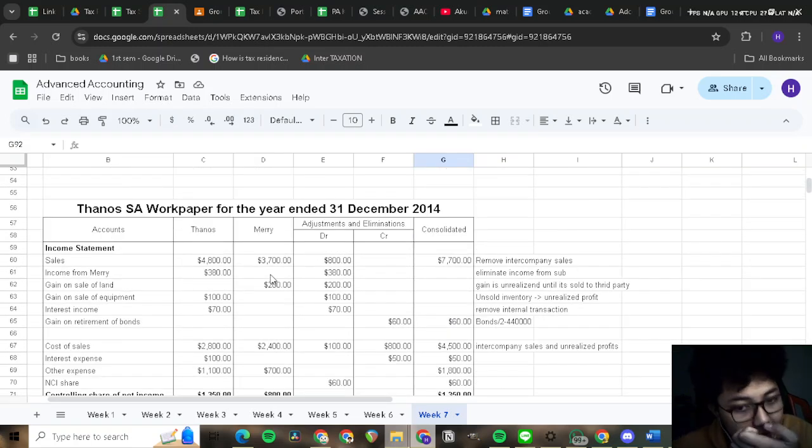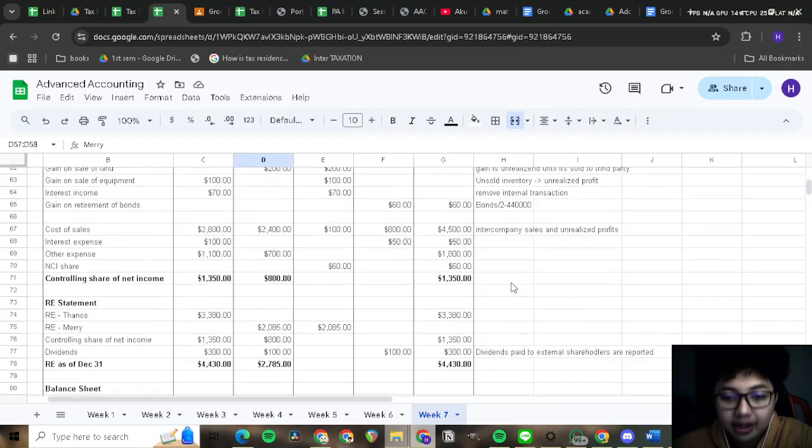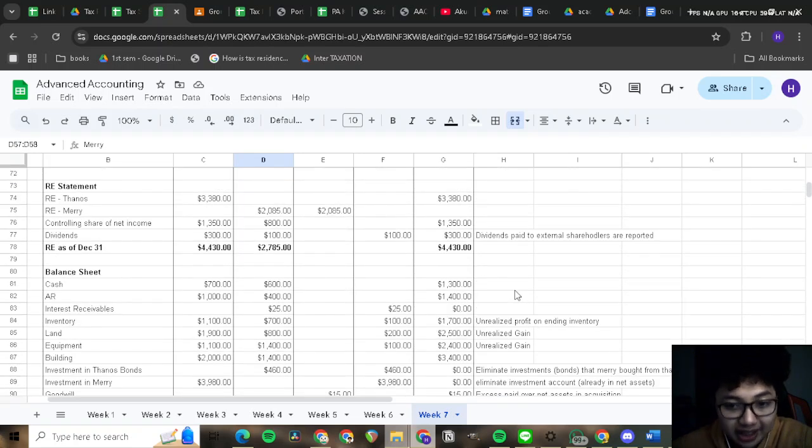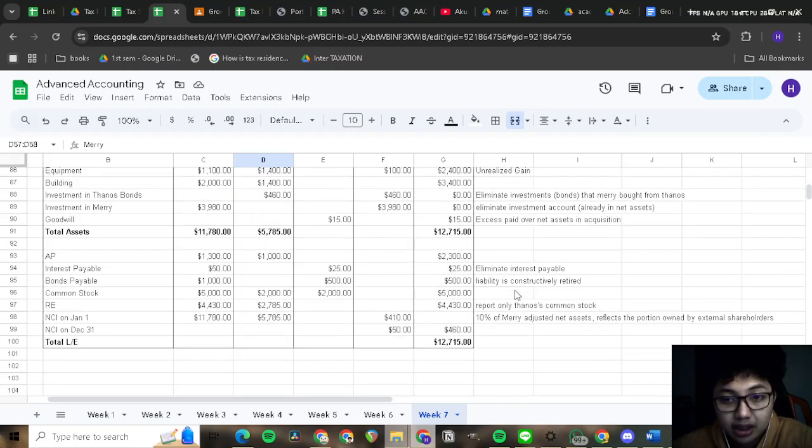And so the main idea here is that you are consolidating these two accounts, but in consolidation, if you want to consolidate the two accounts, there are certain steps that you need to do. One of them is making adjustments and eliminations on intercompany sales, on unrealized profit, maybe dividends, maybe reciprocal accounts, maybe the non-controlling share, and other things like amortization.